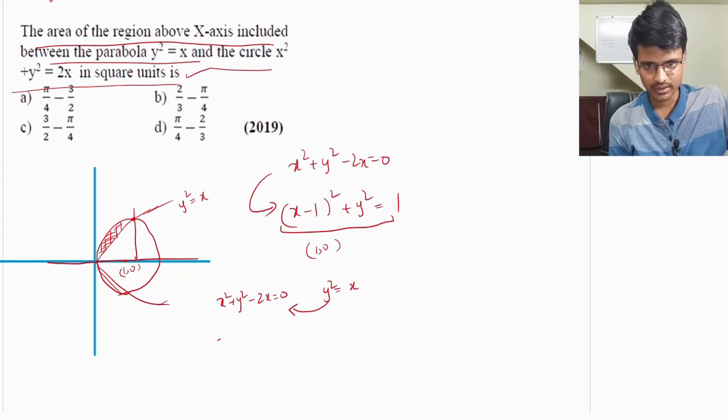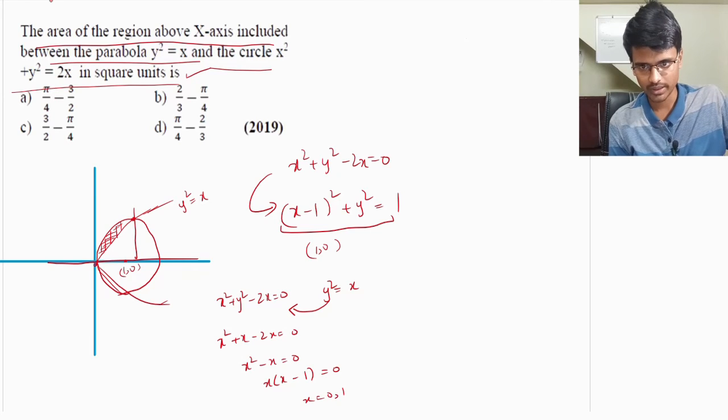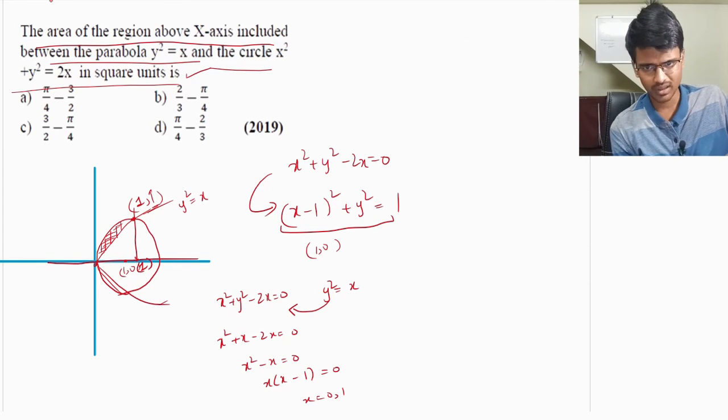I'll get x square plus x minus 2x equal to 0, x square minus x equal to 0, x into x minus 1 equal to 0, x equal to 0 comma 1, at 2 points, at 0 and at 1. So this is nothing but 1. So this is 1 comma 1. Okay, and this is 1. So I know right now, I've got the limits now. I can easily find that out.